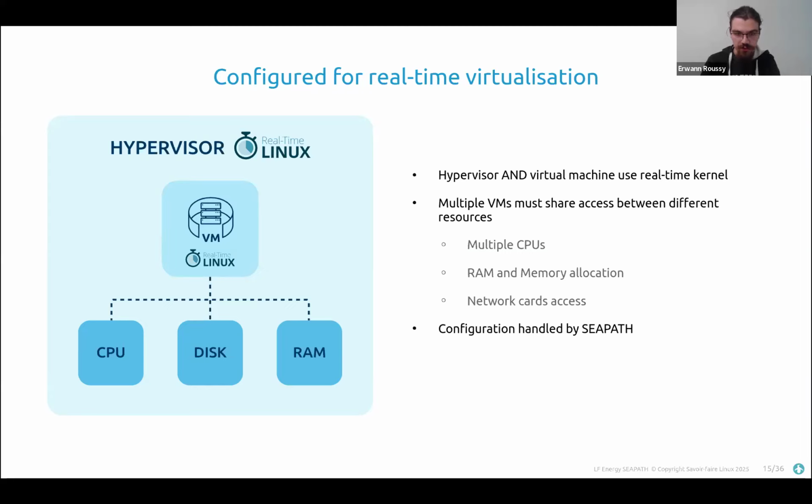So that's really the heart of the SEAPATH project, which is this configuration, this real-time virtualization question, to have multiple provider VMs running on the same hypervisor. We have also some dedicated conferences that I will show at the end that tackle specifically this problem and how we are going to achieve this.